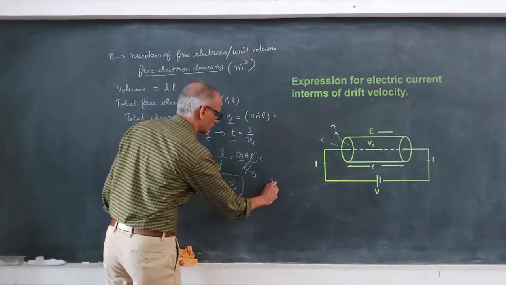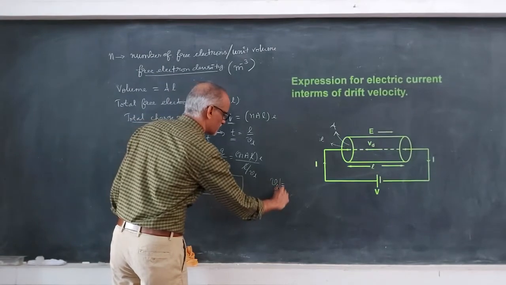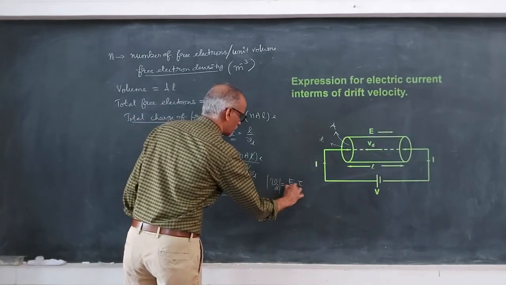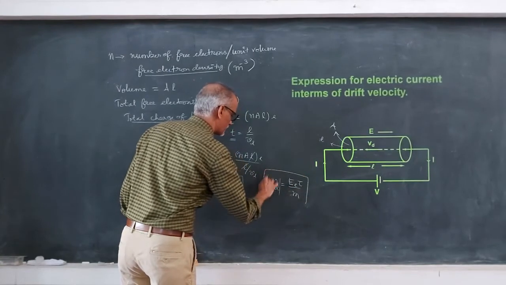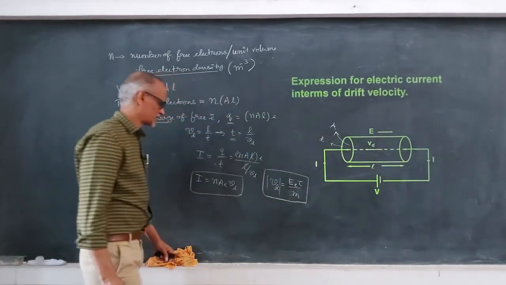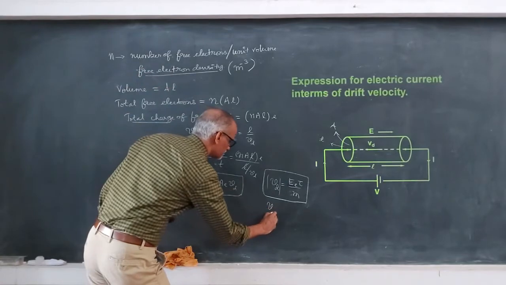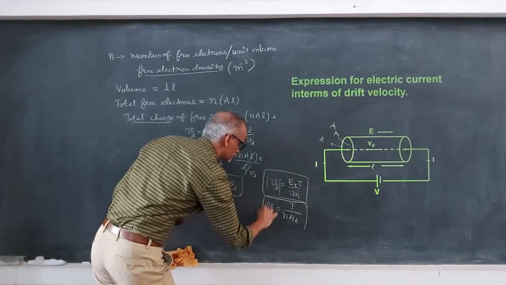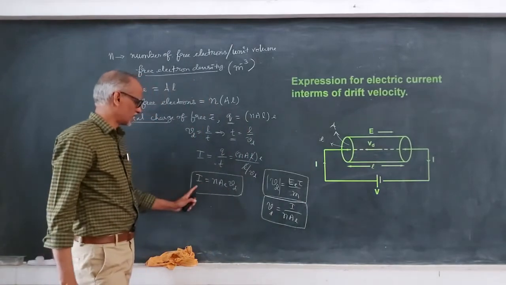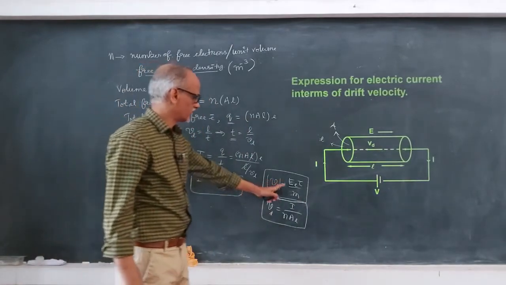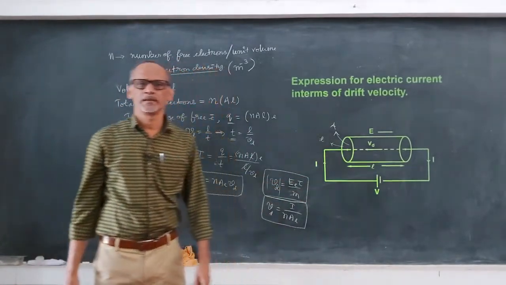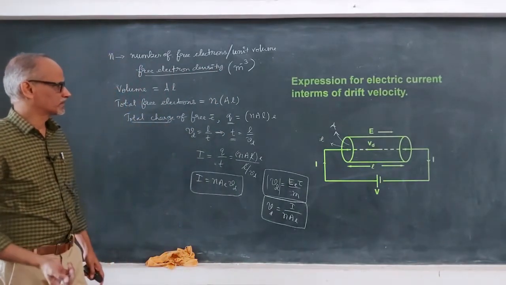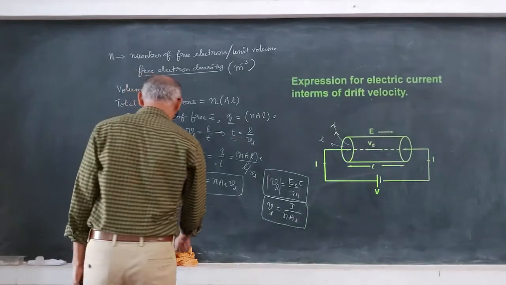Drift velocity has one more formula, as you all know, Vd is equal to e tau by m. So, one expression for Vd is this, I by n a e. From here, Vd is equal to I by n a e, or Vd is equal to e tau by m. This is also an important question, even though it has not appeared in the examination.